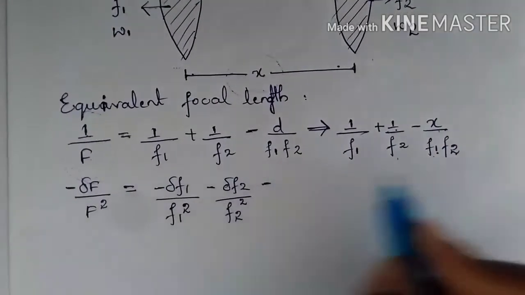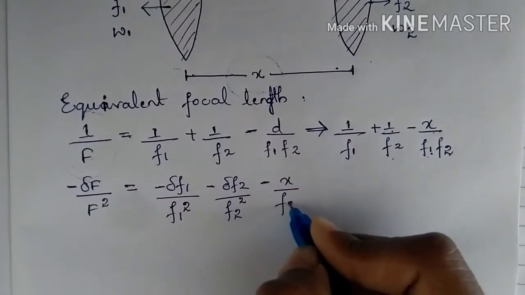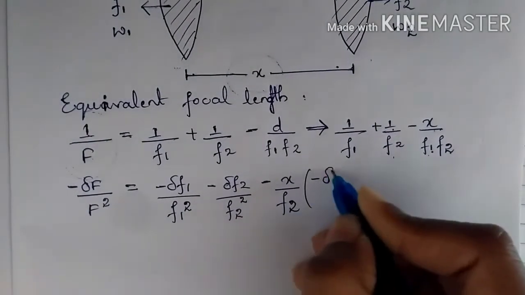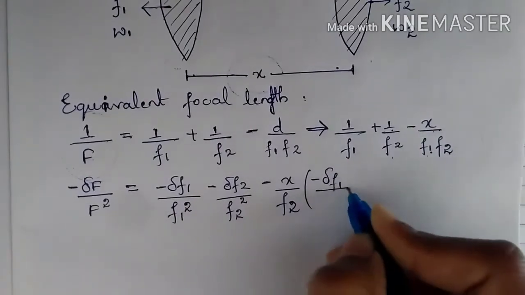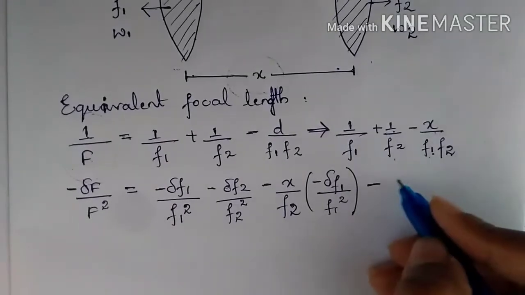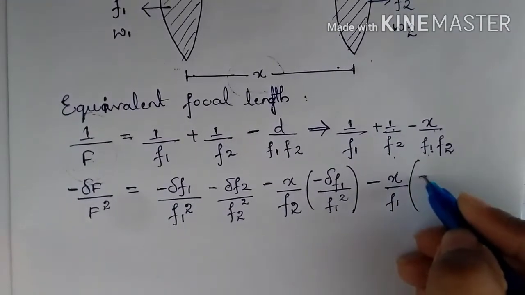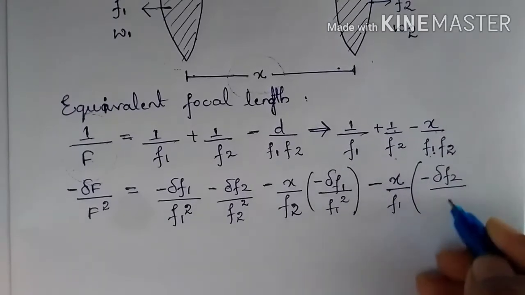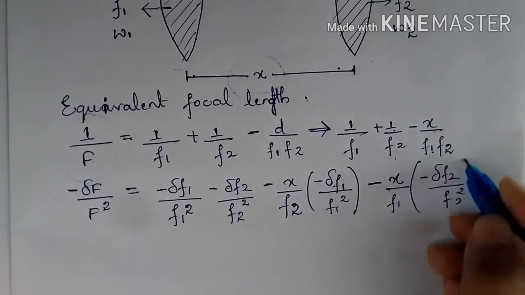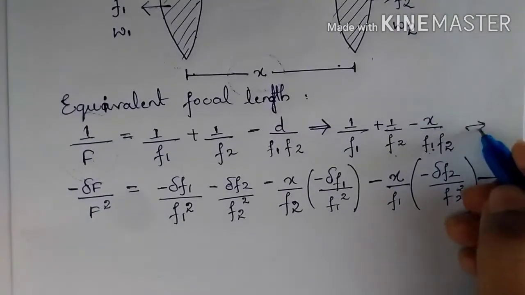So keeping x by f2 constant, what you will get is minus dou f1 divided by f1 square. Keeping minus x by f1 as constant, what you will get is minus dou f2 by f2 square. So let this be equation number 2 and this be equation number 1.